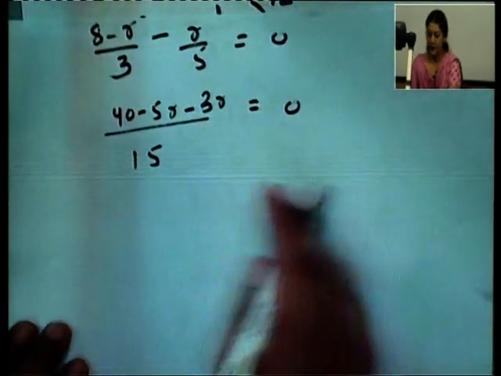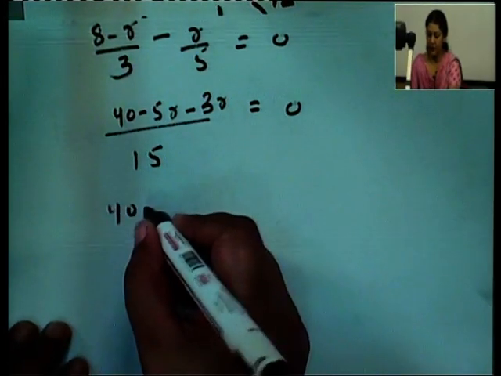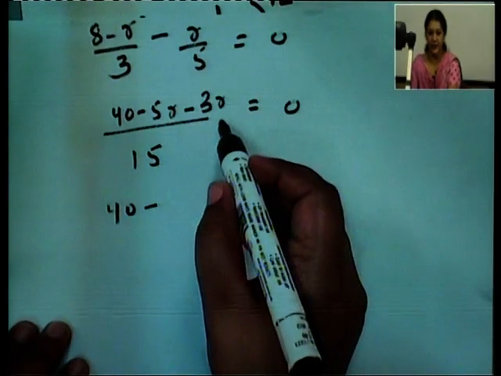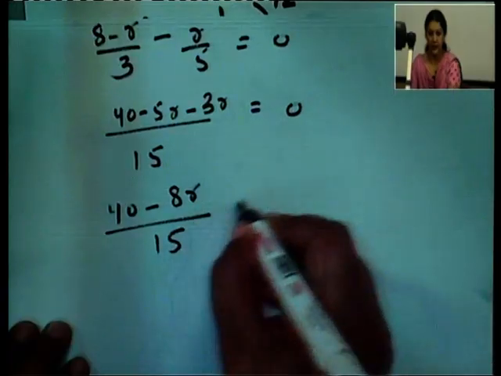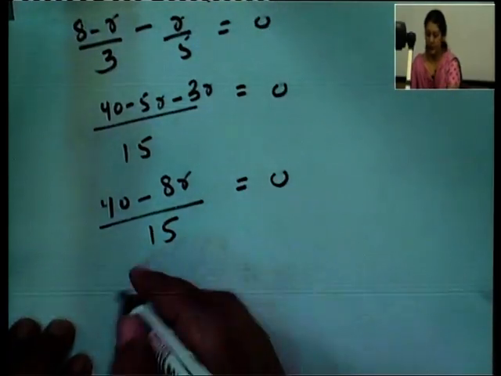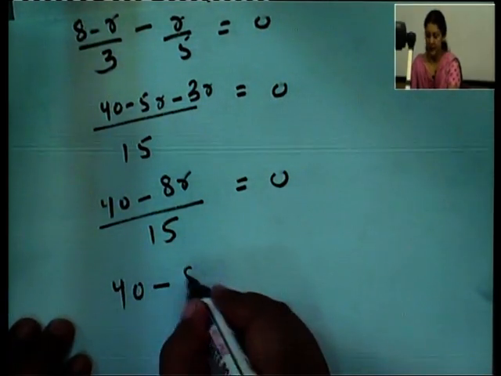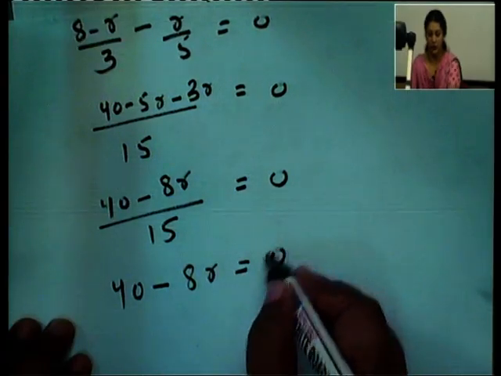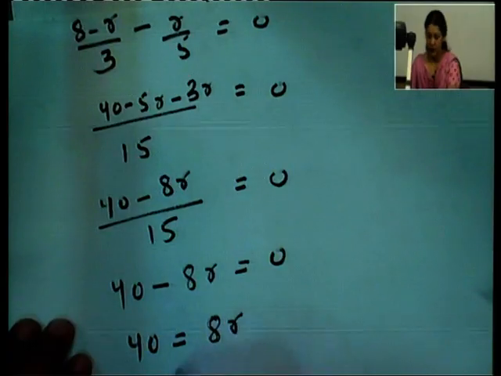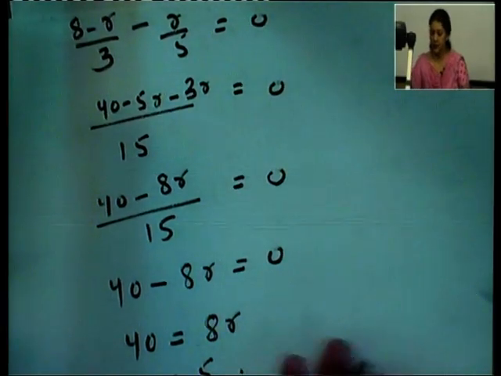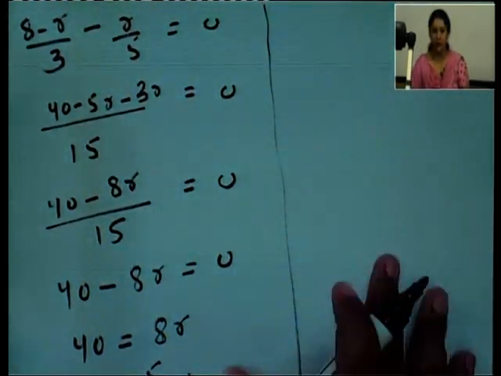After cross multiplying, 40 − 5r − 3r is 40 − 8r upon 15, this is equal to 0. So this means 40 − 8r is equal to 0, so 40 is equal to 8r. So r is equal to 5. Thus r turns out to be 5.